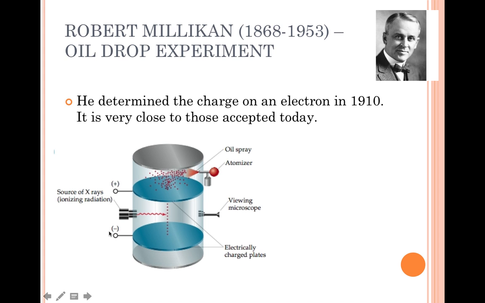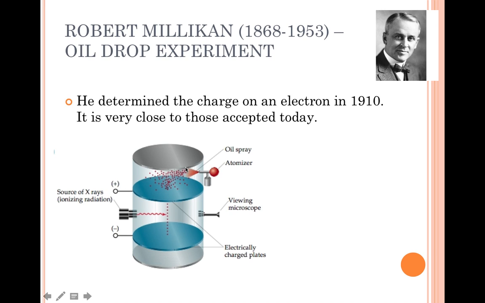All right, so this next one, you'll notice all the checklist is blocked off. Virginia SOL wants you to know this man's name. His name is Robert Milliken. He did a very famous experiment, and you should write this down, called the oil drop experiment in 1910. And this is kind of what it looked like. But essentially what he was able to do from this apparatus, and he had two charged plates, was to have the electrons attached to oil drops that fell at a certain rate.